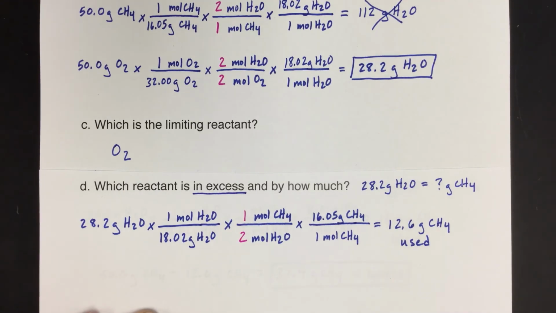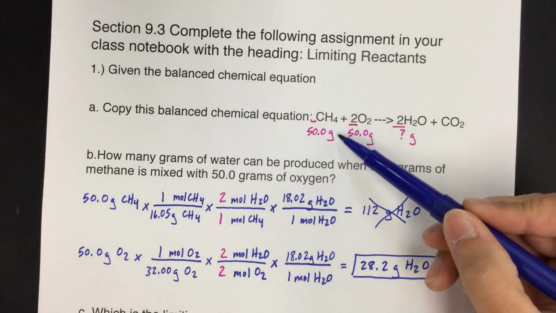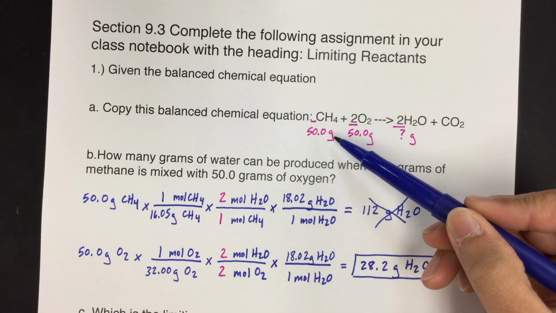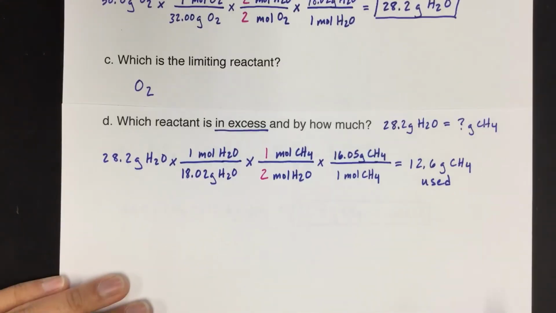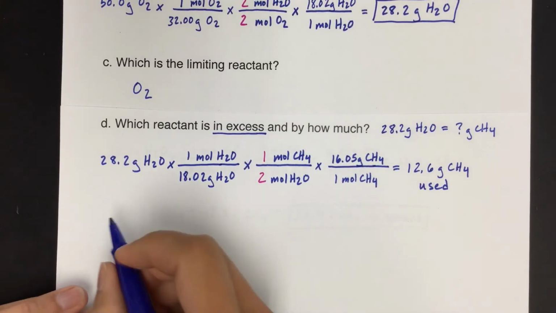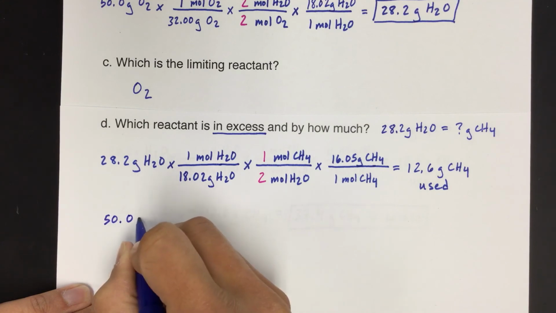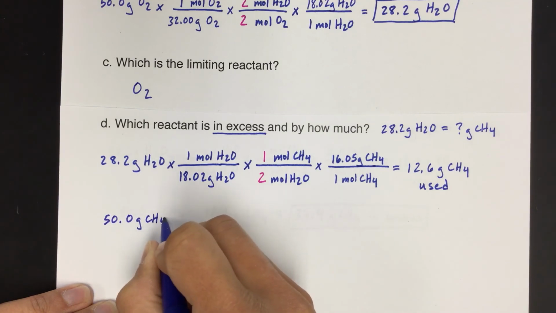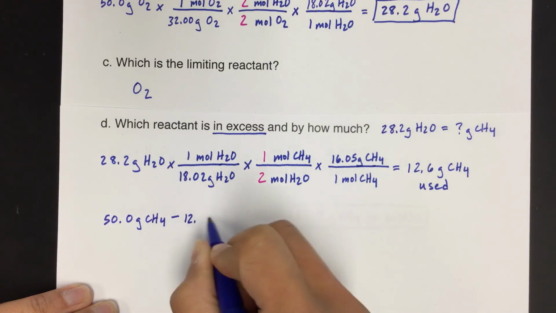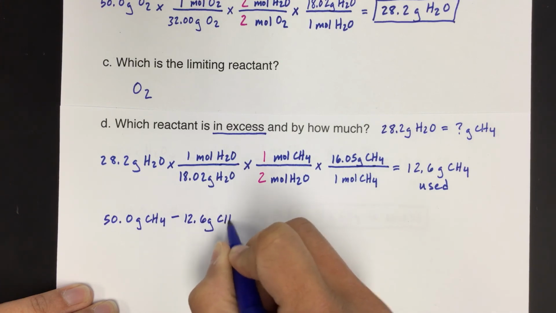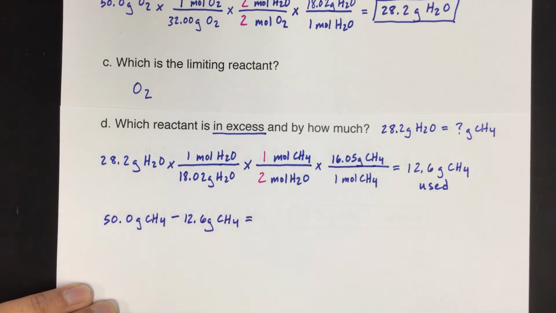So we want to figure out how much methane is left over. To do that, we need to refer back to how much methane we started with at the beginning. We started with 50 grams. Of that 50 grams, we only used 12.6 grams. So the last step is subtraction. We take 50 grams of methane, and we only used 12.6 of those grams, so we just do 50 minus 12.6.